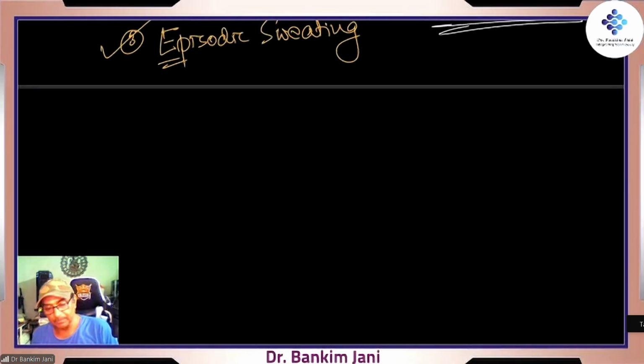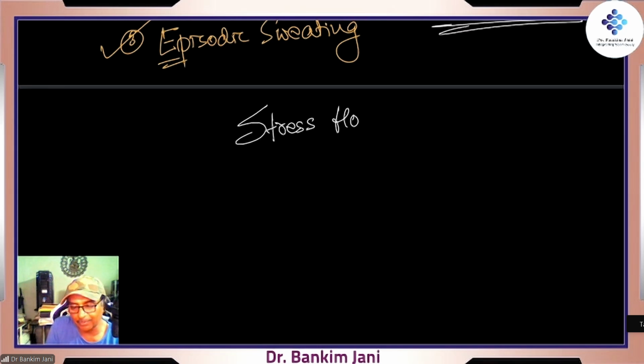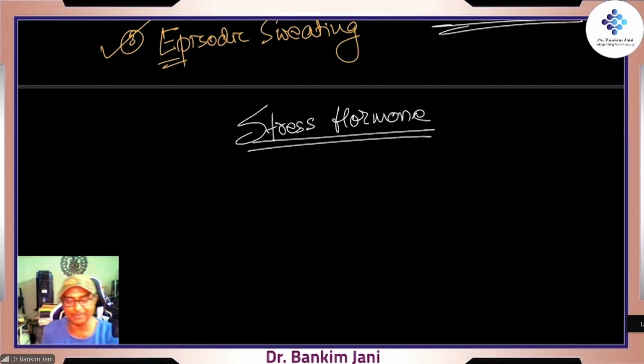One more thing. For stress hormone, right? Stress hormone. These adrenal glands are like jadoo ka pitara. One of the stress hormones is what? Cortisol.